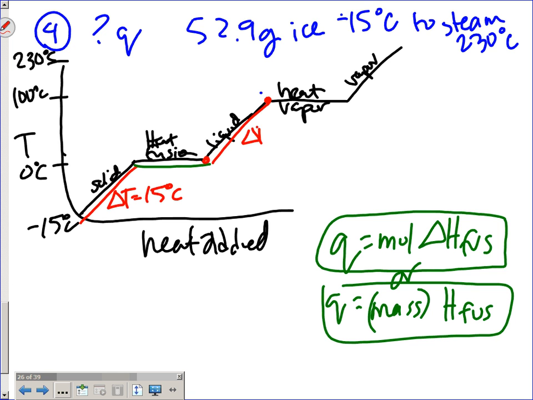So this temperature change is 100 degrees Celsius. So 100 minus 0. And then what's my next thing that's happening? We are phase changing again. So which equation goes with phase change? Not Q equals MCAT because there's no delta T.